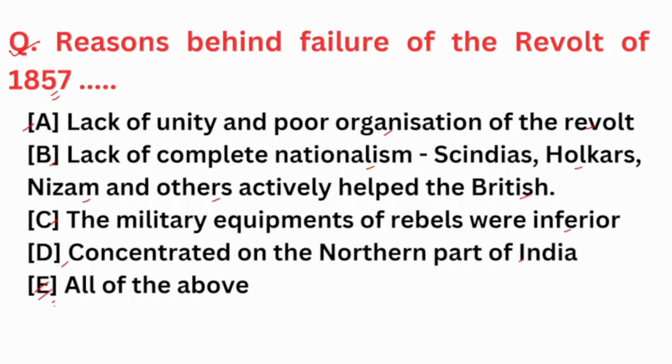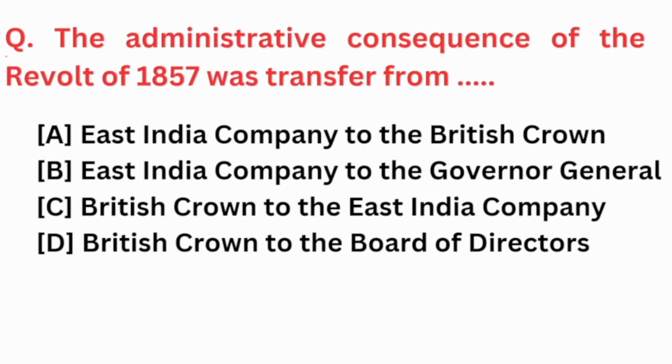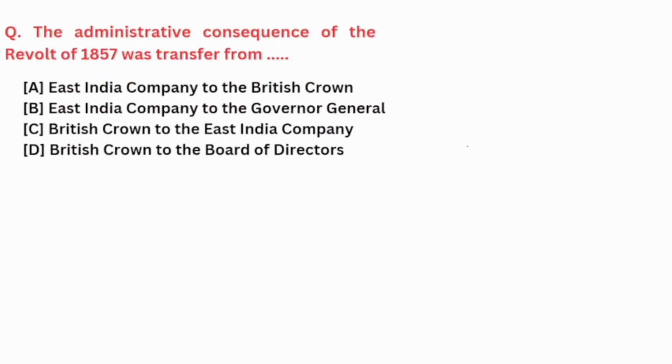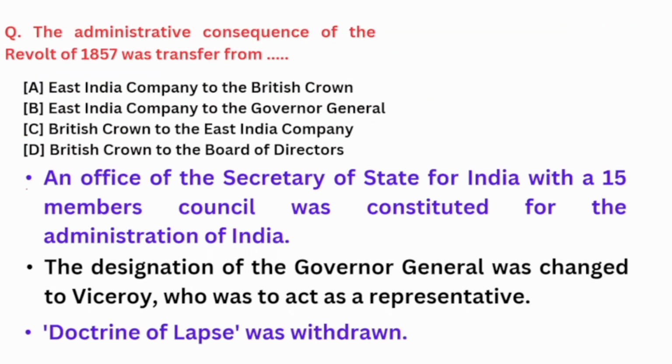Moving on to next question. The administrative consequence of the revolt of 1857 was transfer from East India Company to the British Crown. Now important points. After the suppression of the revolt of 1857, following happened.